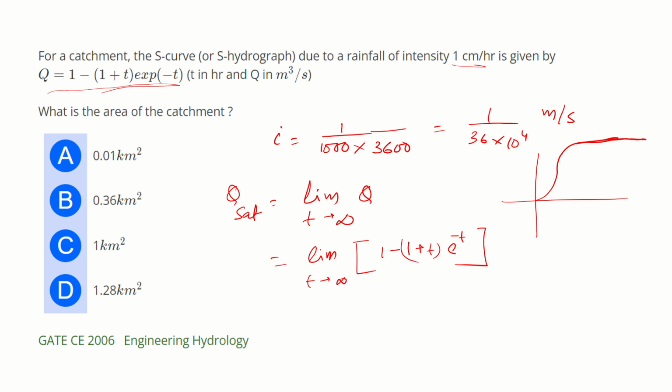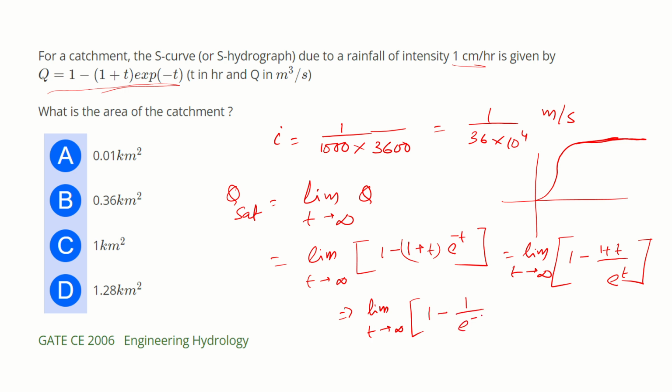Okay, so that is equal to limit t tends to infinity 1 minus (1 plus t) divided by e to the power t. If you remember L'Hospital rule, you can apply L'Hospital rule and then it will become limit t tends to infinity 1 minus 1 by e to the power t, by applying the L'Hospital rule.